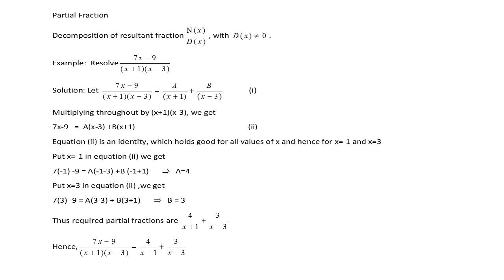Putting the values of A and B in equation 1, the required partial fractions are 4 over (x plus 1) plus 3 over (x minus 3). Hence (7x minus 9) over (x plus 1)(x minus 3) equals 4 over (x plus 1) plus 3 over (x minus 3).